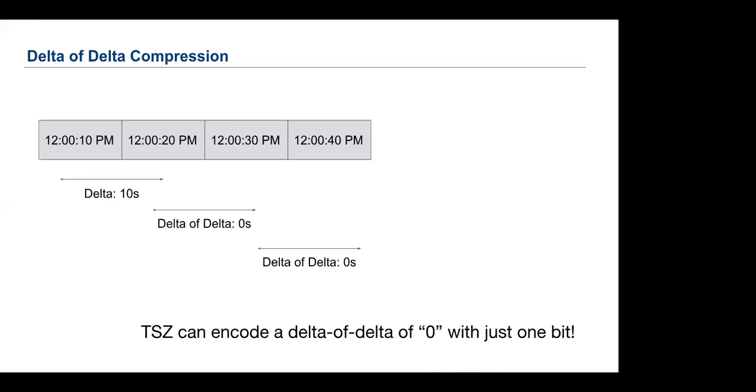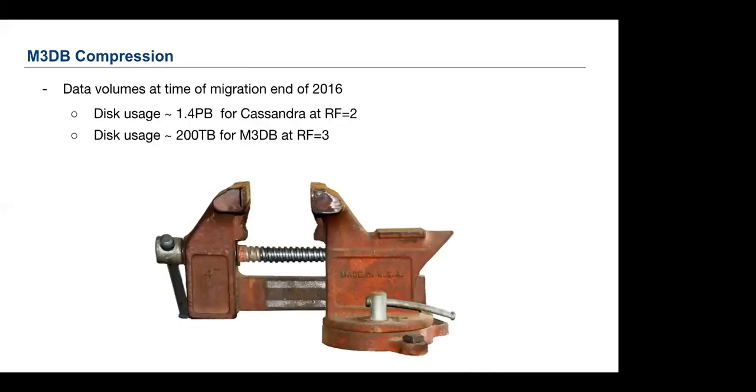Similarly for values, usually metric values don't change that much over time. If they do, fine, we get less compression, but at least in our experience, we have been able to get a nice compression ratio using this algorithm. And these are the numbers we got from our system. As I said earlier, we used to run Cassandra until 2016.